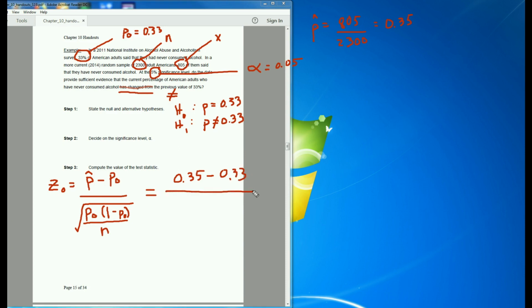Then divided by the square root of p0, again 0.33, times 1 minus 0.33, which is 0.67, and then divided by the sample size, which we know from up here was 2,300.